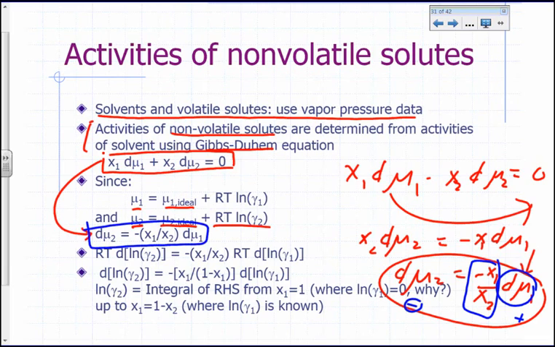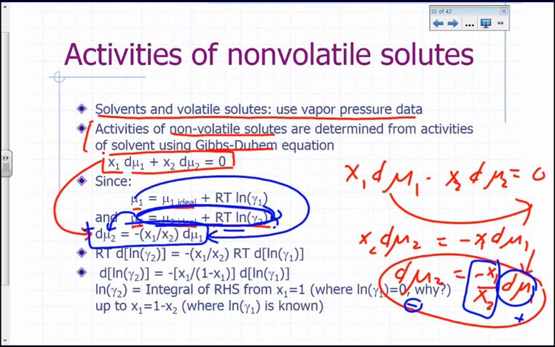So we substitute our expression for mu 1 to get d mu 1, and our expression for mu 2 to get d mu 2. And what do we get?